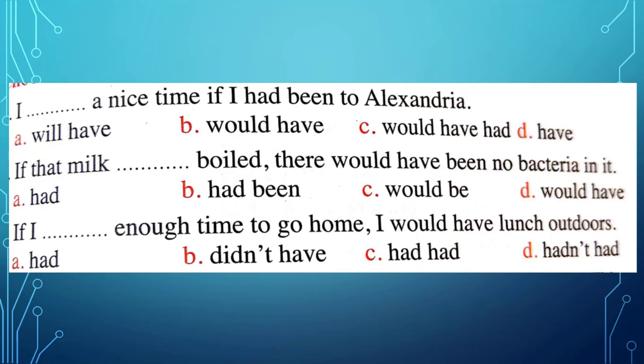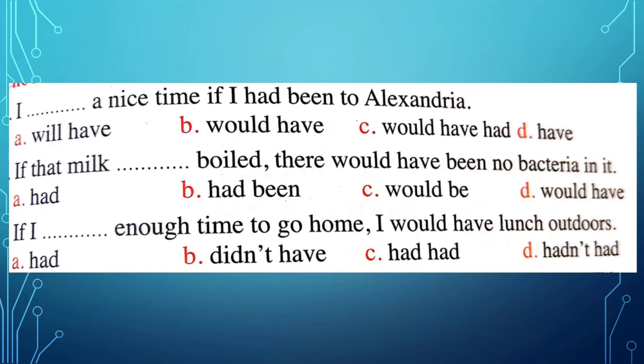If that milk space boiled, there would have been no bacteria in it. Had been, would be, would have. So, if that milk had been boiled, okay, there would have been no bacteria in it.